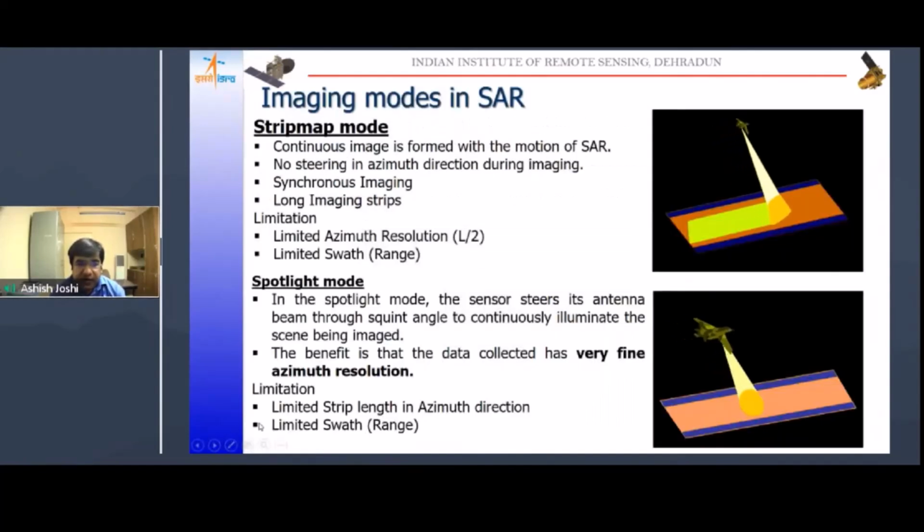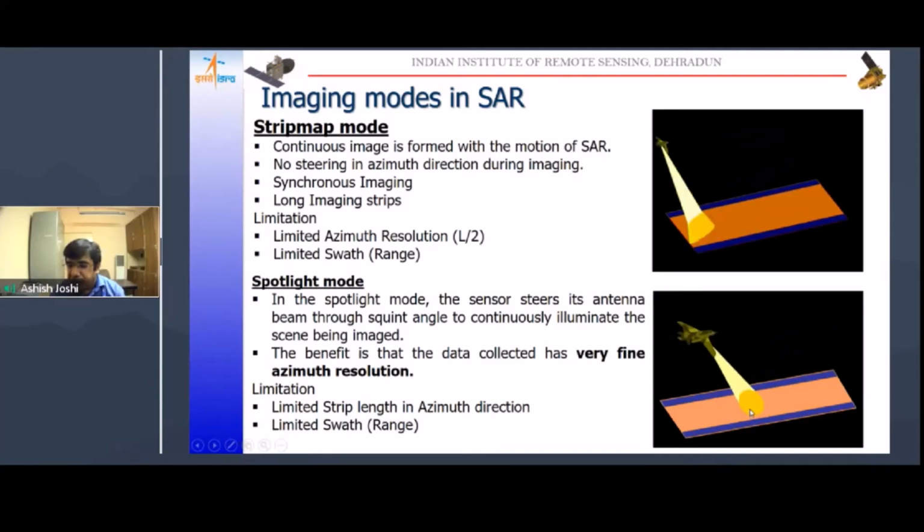And what are the limitations? The limitations are that it has a limited strip length in the azimuth direction and a limited swath. Since it is seeing a smaller portion in the azimuth direction, less area is imaged, and the swath is also smaller.